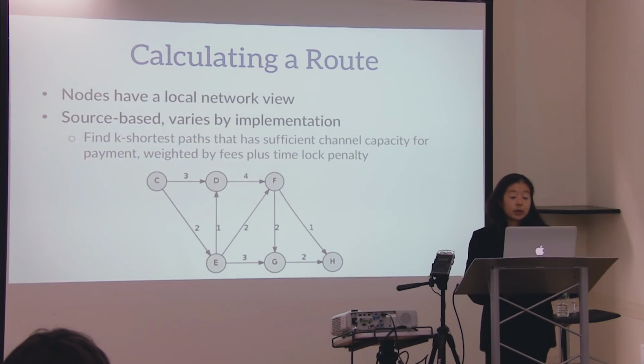In the Lightning Network, routing is source-based, which means it's up to the sender to figure out a working route. The way of finding a route varies by implementation. Routing isn't specified, so it's still open-ended, and it's by no means a solved problem.